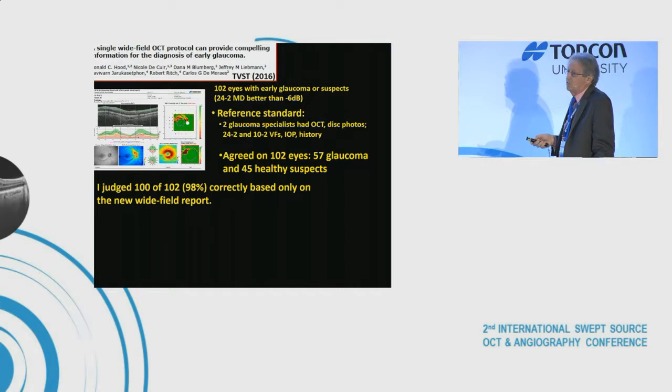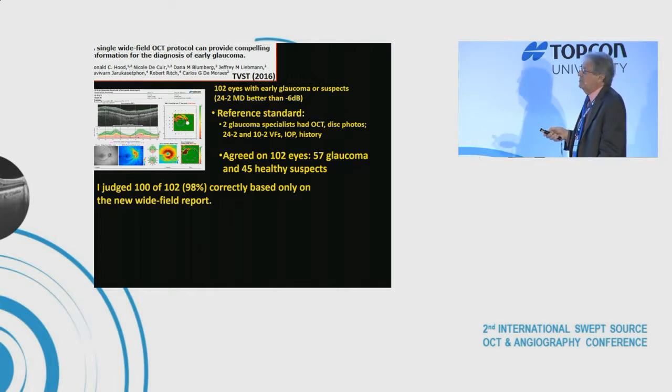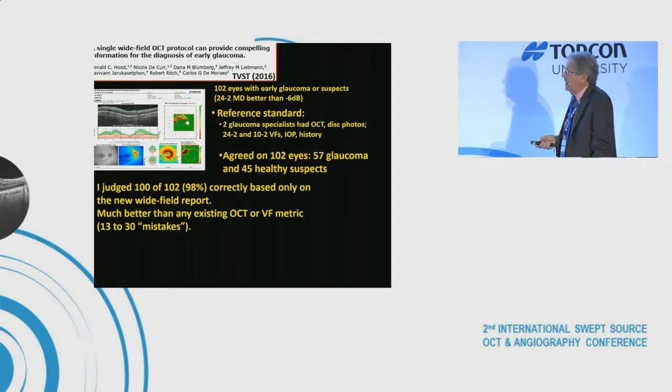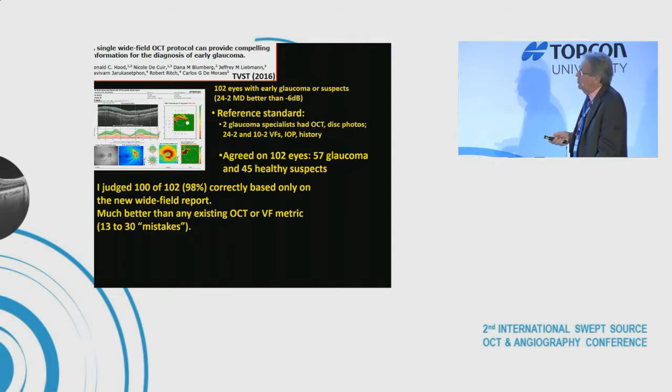I had only this report. I had no other information. I didn't have fields. I didn't have photos. I made 2 mistakes using this reference standard as the ground truth, right? And much better than any metric. So the metrics, meaning the quadrant thickness or the average thickness or the mean deviation of the field or pattern standard deviation, none of them did better than 13 mistakes.